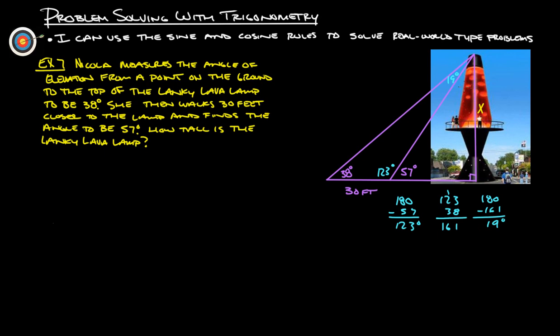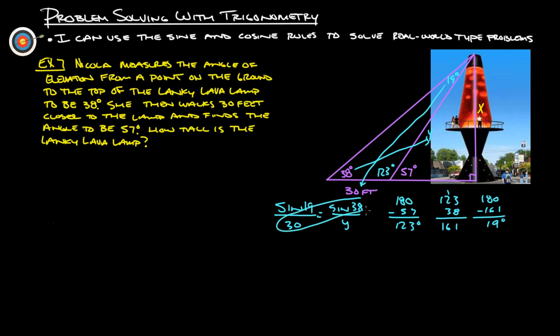Now that we know that, let's do this setup. We'll do sine of 19 over 30 is going to have to equal sine 38 over, we can't call it x, we'll call it y. So sine 38 over y.